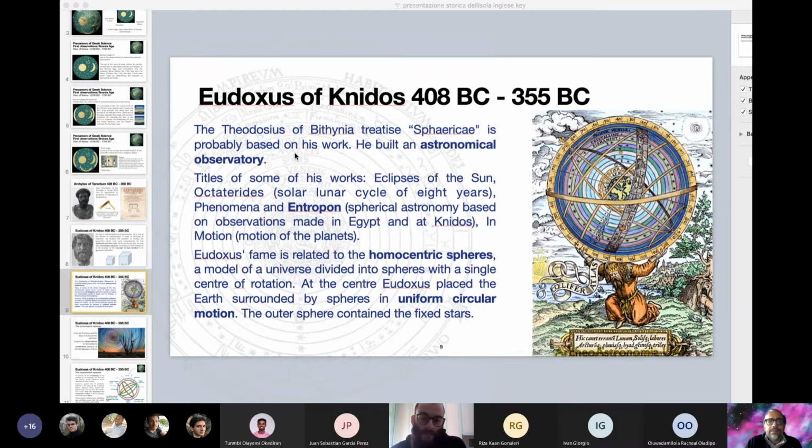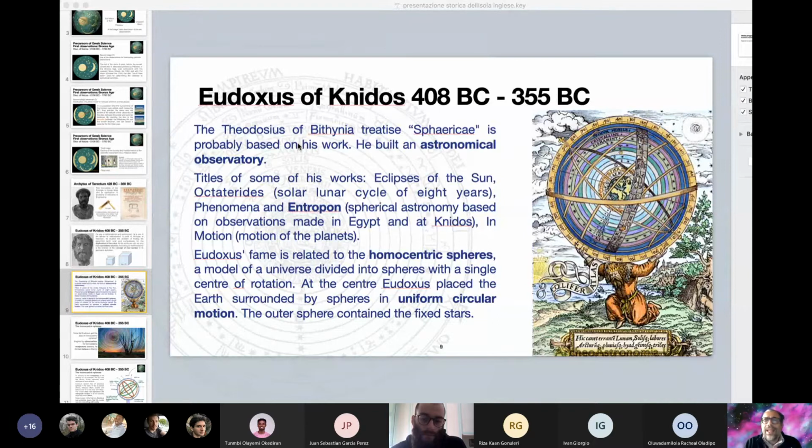By the way, Theodosius of Bithynia, which is a later writer, probably wrote Spherice, a book about spherical motions, okay? Which is a kind of plagiarism of the work of Eudoxus of Cnidos.